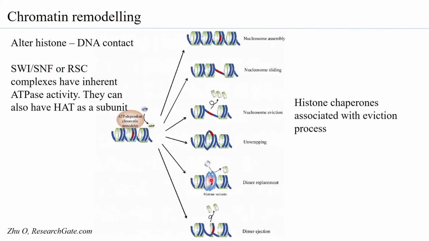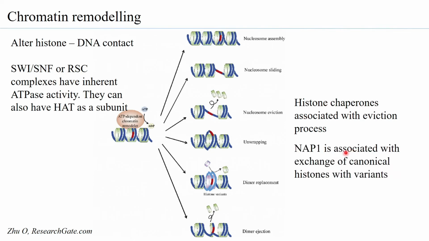So basically, what we understand is that whether you want eviction of the nucleosome, histone chaperones, that means chaperones are molecules that help in unwinding of the histone proteins, are associated with assembly and disassembly of histones in the nucleosome. Say, for example, NAP1 is a histone chaperone.